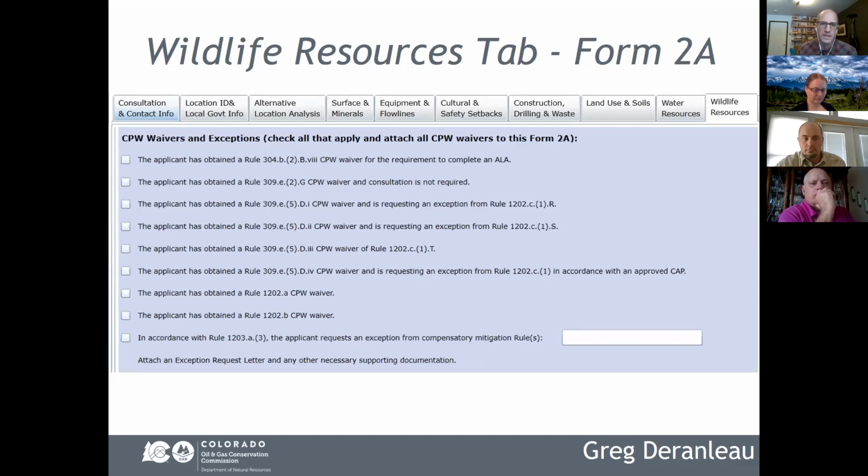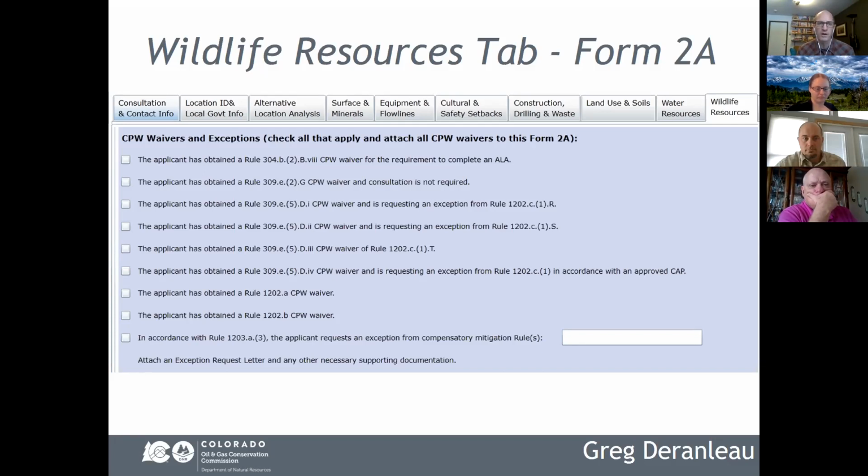So the next major section of the Wildlife Resources tab is for indicating if any CPW waivers were obtained or exceptions applied to the Form 2A. So the rules provide a number of circumstances in which CPW may waive. Typically, that waiver will be obtained during pre-application consultation.